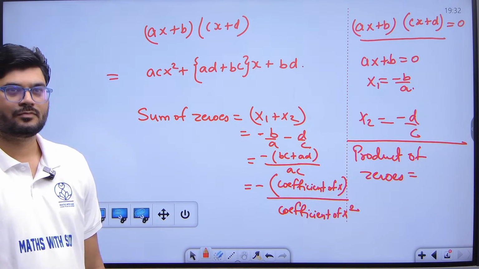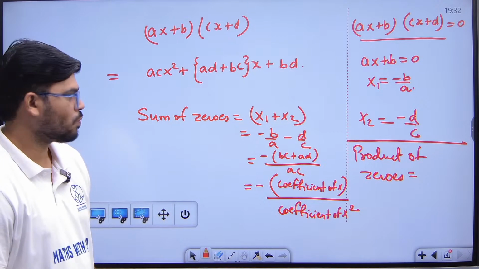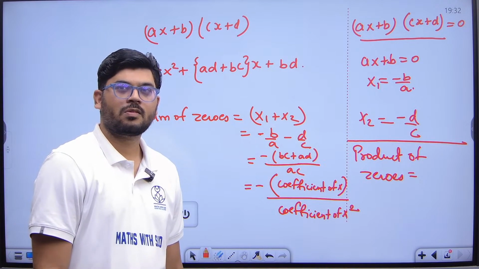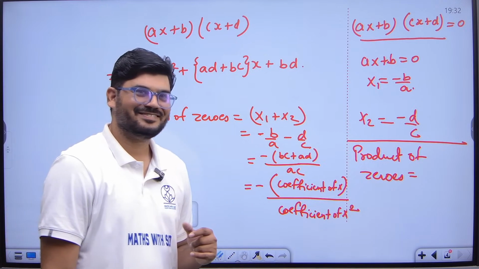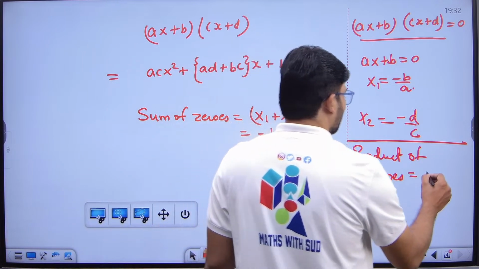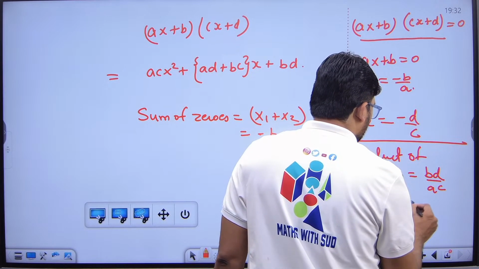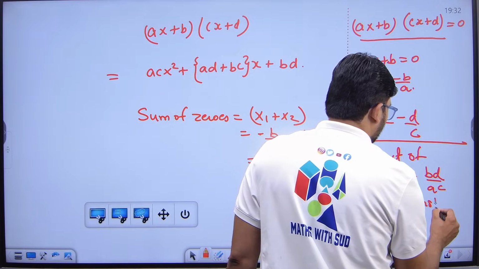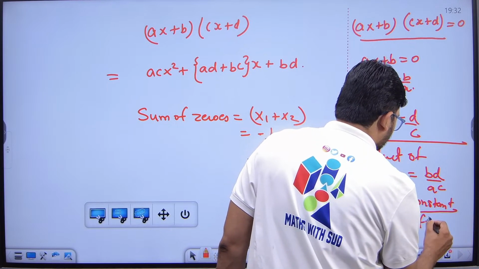It'll be plus BD by AC. Okay, so you are saying it is BD by AC. Is this not the constant divided by the coefficient of x square? Yes.